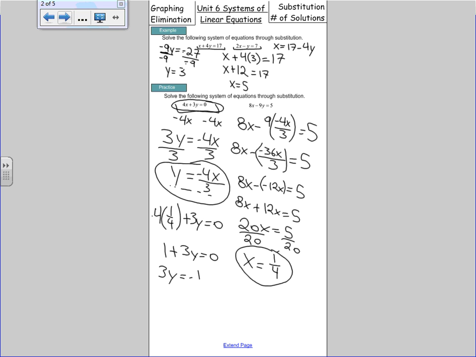Then we divide both sides by 3, so y is equal to negative 1/3. Does that make sense? It's just a lot of mathing. It's nothing crazy, it's just a lot of math.